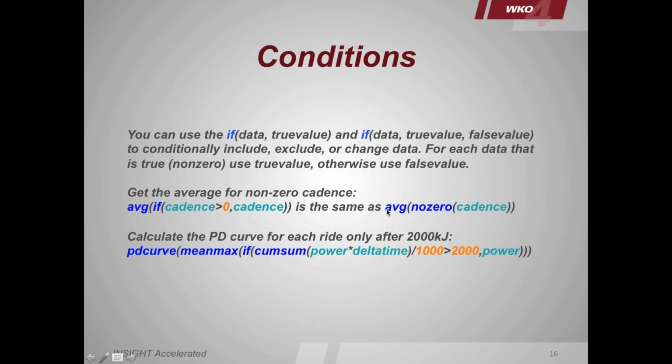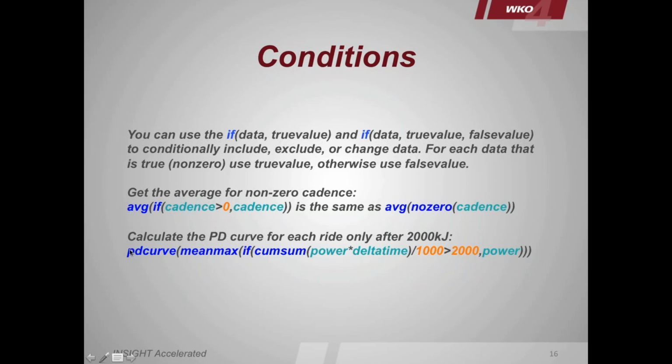In the very beginning, we created this function called no0 that removes zeros from a channel, but you can also accomplish the same thing using if. I can get my average cadence without zeros either using no0, or by saying if cadence is greater than 0, then cadence, otherwise nothing. Those two will give you the same number.